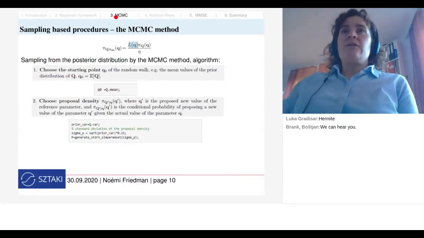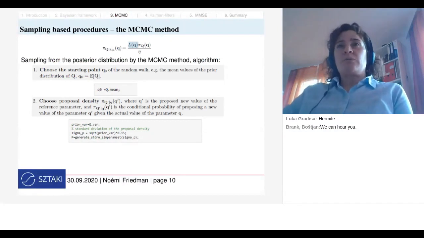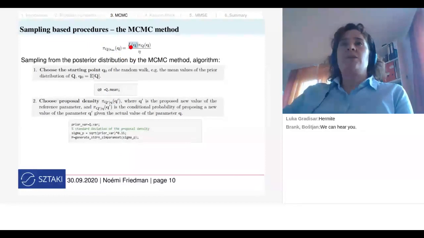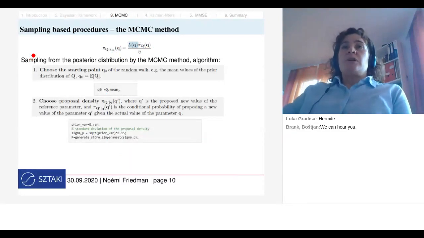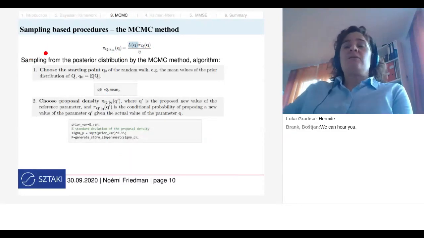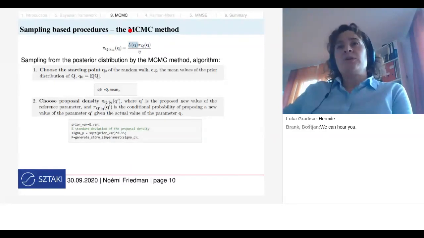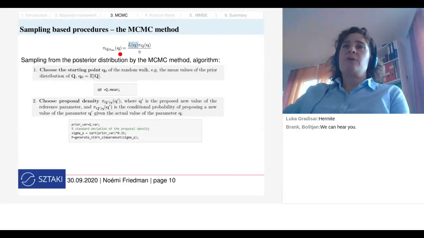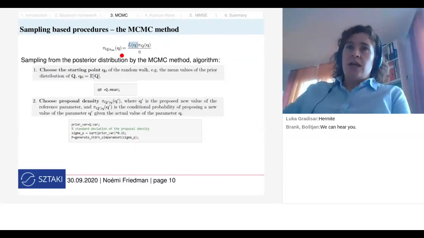Okay, so now we start with the brute force approach, the Markov chain Monte Carlo method. And I will start with the Bayes theorem. I told you this is the posterior distribution that I would like to get. This is the likelihood, which I have a problem expressing, the prior and the normalizing factor. So instead of computing this expression, I will generate samples from this distribution.